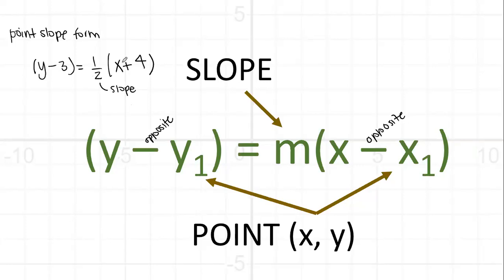So if it says x plus 4, the x value it's giving you is -4. If it says y minus 3, the y value given to you is +3. So this is the point that this equation is giving you. This is the slope, and this is the point.